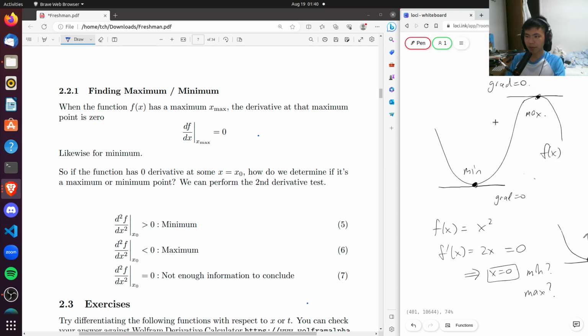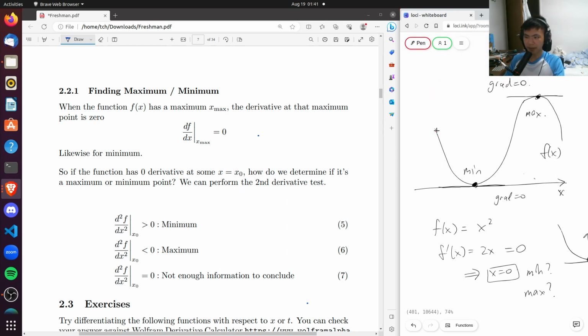Then I'm gonna plot the derivative f prime of x, and it's gonna look something like that. So let's say this line is the y equals 0 line.